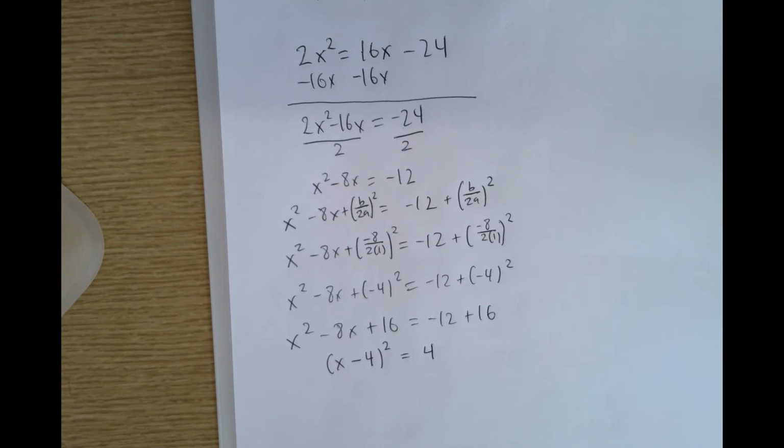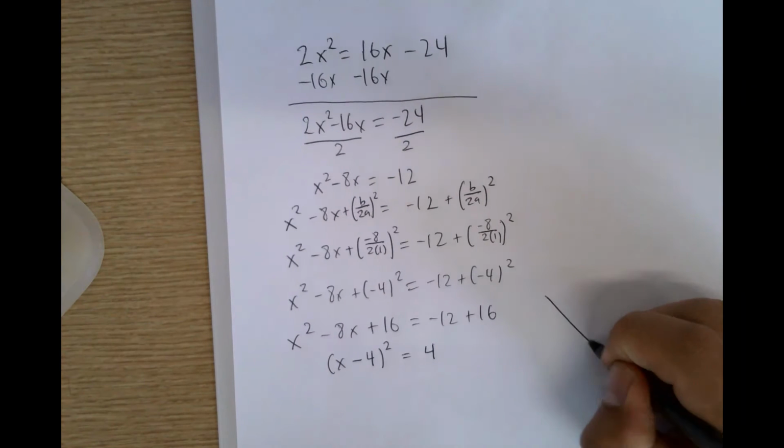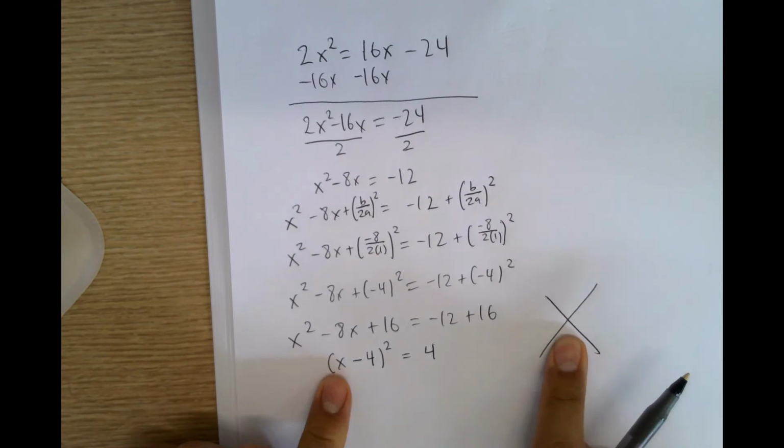The reason I can do this is because x squared minus 8x plus 16 is equal to x minus 4 squared. In the case that you have trouble converting x squared minus 8x plus 16 into this one, you could go ahead and use the diamond method to aid you so that you can create the factors.